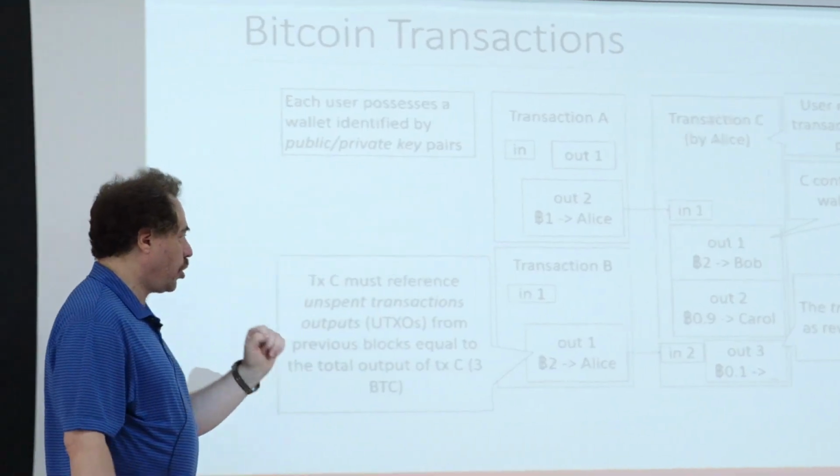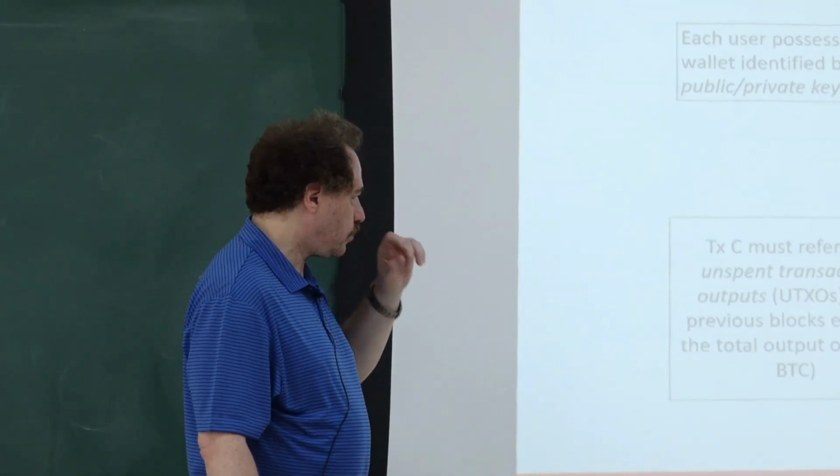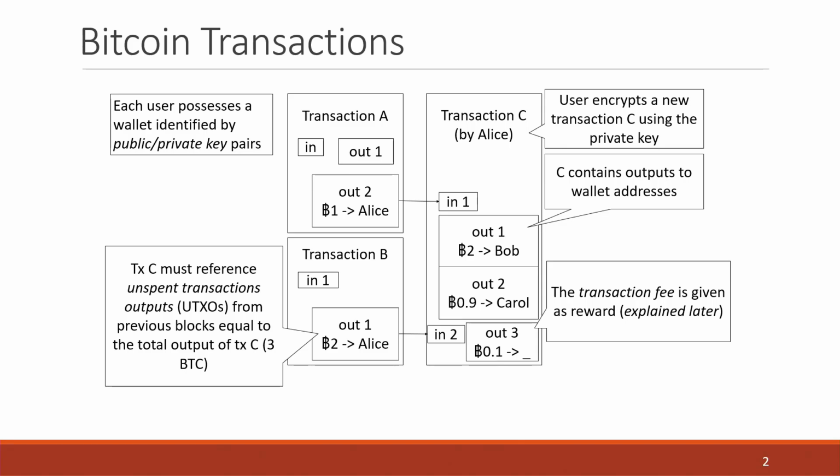And we are going to talk about transaction fees later today. Now, transaction C must reference unspent transaction outputs. This is a very important concept in Bitcoin and other cryptocurrencies. To understand UTXOs, unspent transaction outputs, from previous blocks.